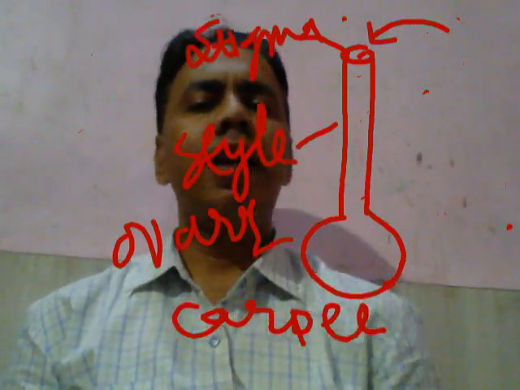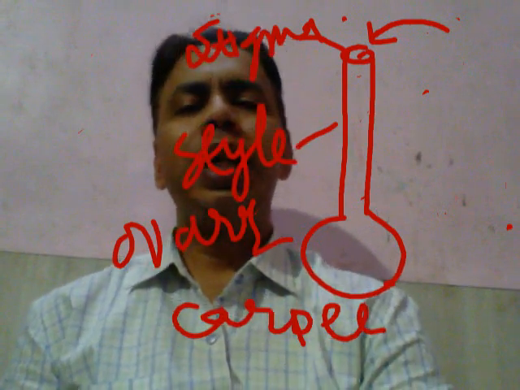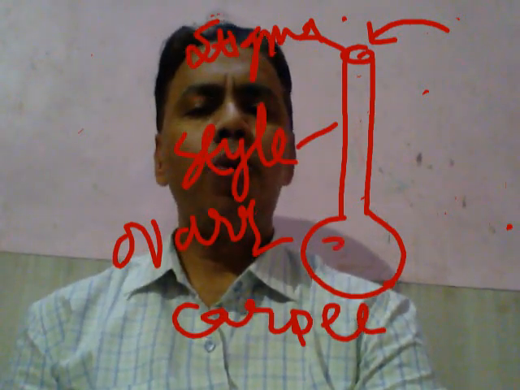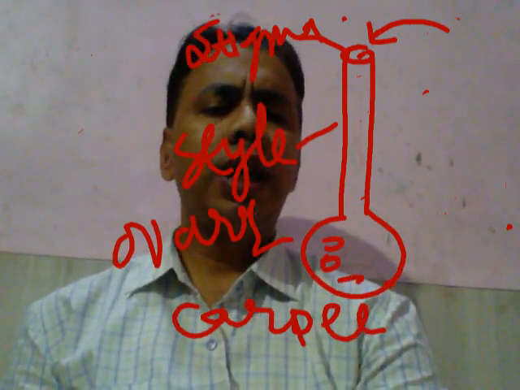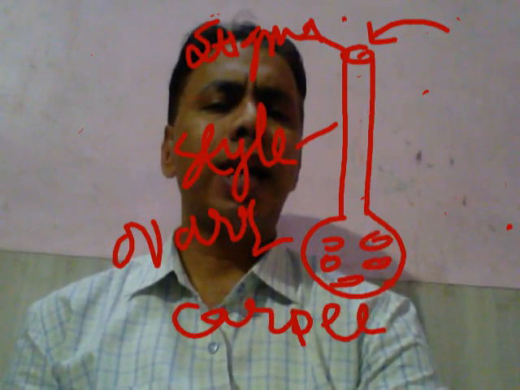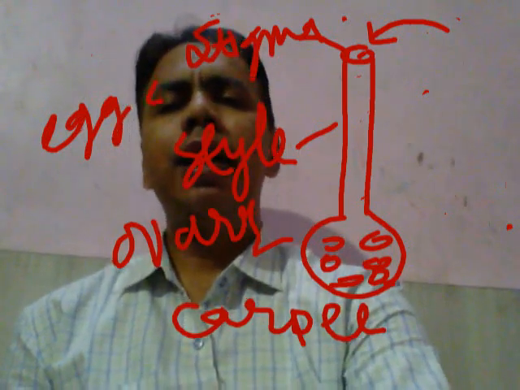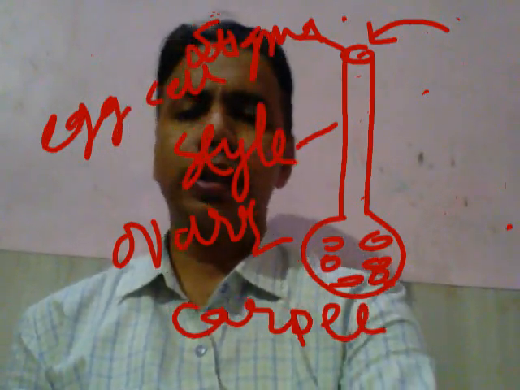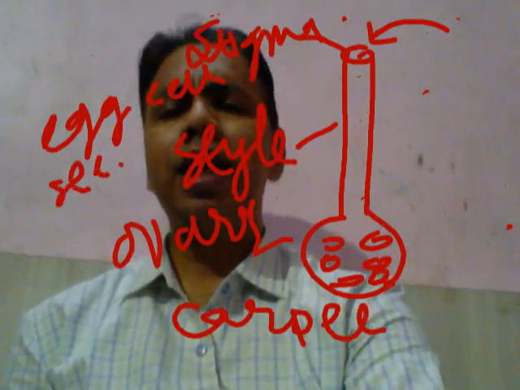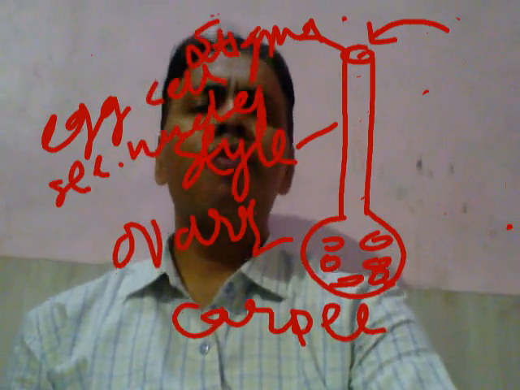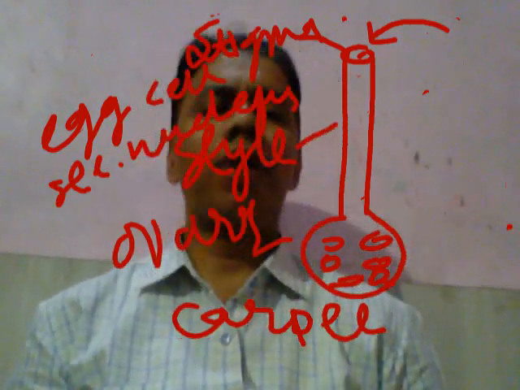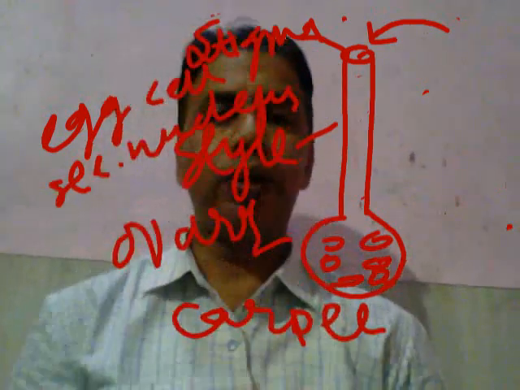This ovary contains a number of ovules. Those ovules contain an embryo sac, and each embryo sac contains an egg cell and the secondary nucleus. So these are the four whorls of a flower: calyx, corolla, androecium, and gynoecium.